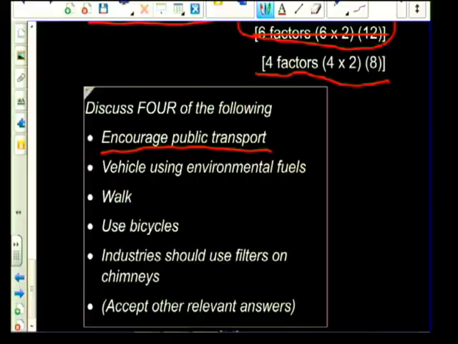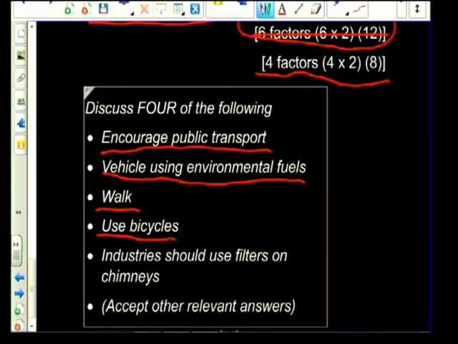Vehicles using environmentally friendly fuels, instead of using your normal petrol, which is leaded. And these fuels give off less emissions, less poisonous gases, which form your dust dome, etc. So taking it a little further, walking instead of using your car will reduce the amount of combustion of fuel emissions being given off into the air, which causes heat.